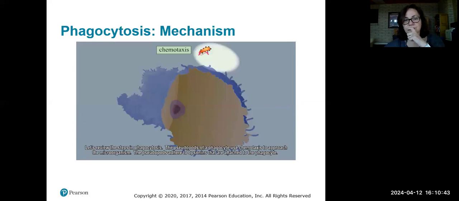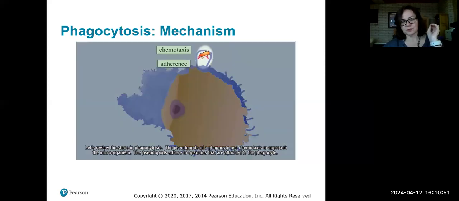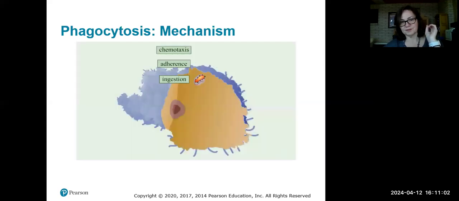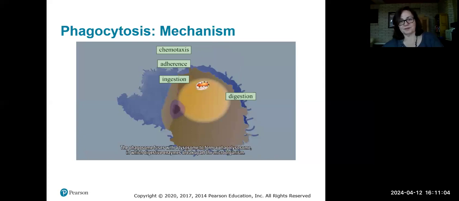Let's review the steps in phagocytosis. The pseudopods of a phagocyte use chemotaxis to approach the microorganism. The pseudopods adhere to opsonins that are attached to the microbe. The microbe is ingested within a phagosome. The phagosome fuses with a lysosome to form a phagolysosome, in which digestive enzymes break apart the microorganism.